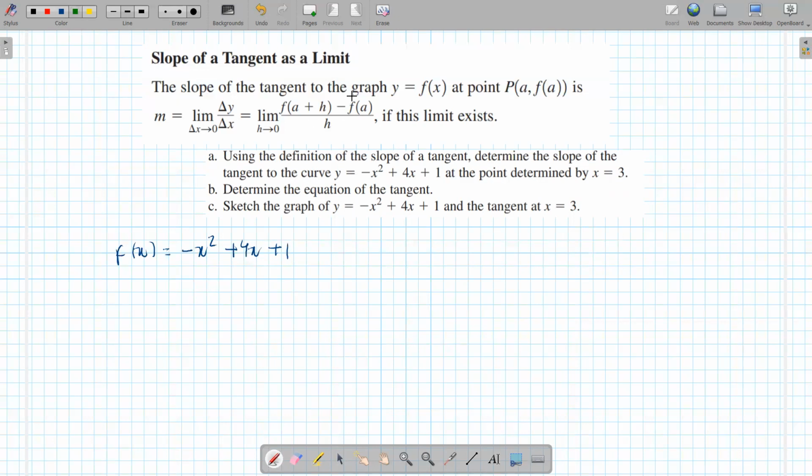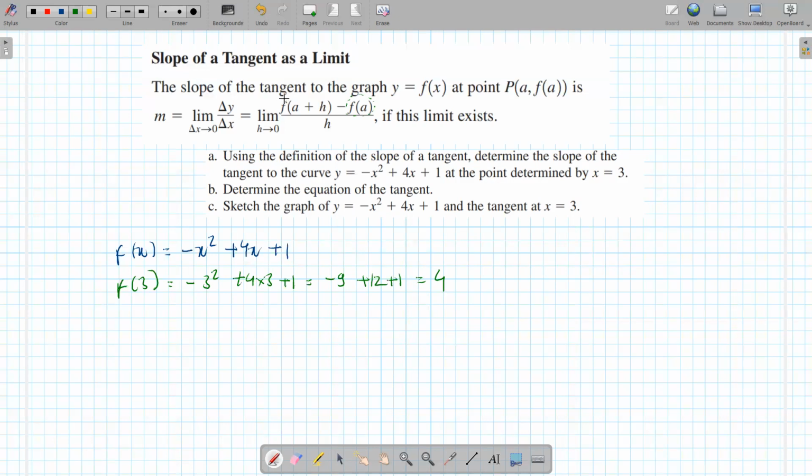Step 1, we're going to find f of a. In this case, a is your x value. So we're going to find f of 3. So that'll be negative 3 squared plus 4 times 3 plus 1. That's negative 9 plus 12 plus 1. That's a 4.